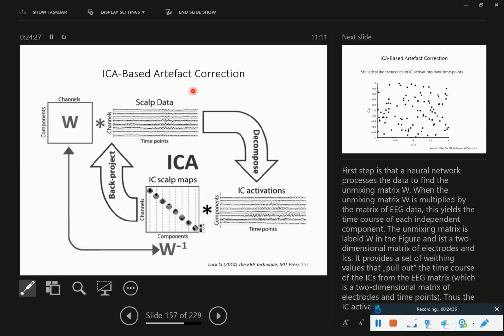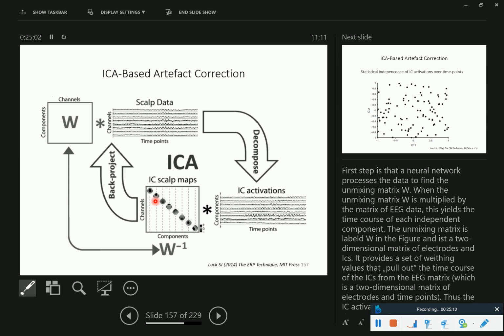So what this tries to show is that you acquire scalp data, so you have time points and channels, these are your electrodes. You see that there might be a little bit of alpha activity going on in the region where I just circled. And then what you do, and this is actually the nomenclature, is that you use ICA to decompose your data into independent component activations and, I would say, weights.